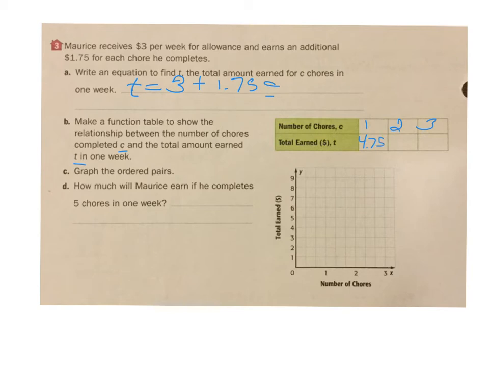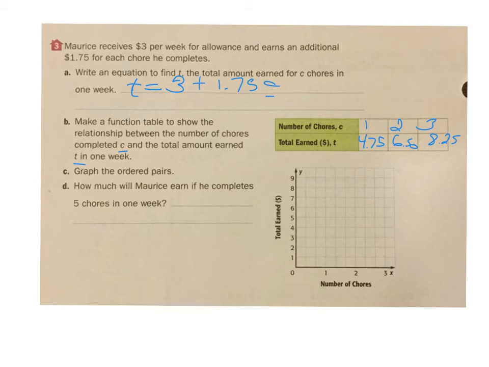Okay. Now, if I do 2 chores, it's 2 times 1.75 plus $3, which is going to be $6.50. Now, if he does 3 chores, it's 3 times 1.75 plus 3. That gets me a total of $8.25. Okay. So the more chores he does, the more money he makes in a week.